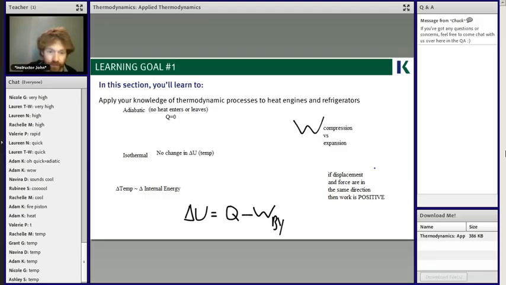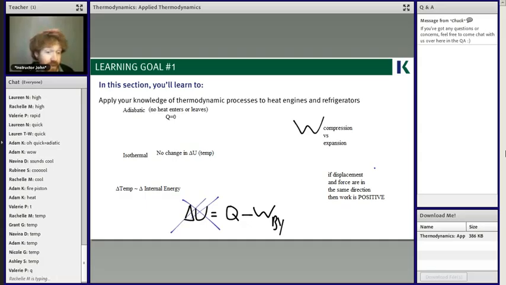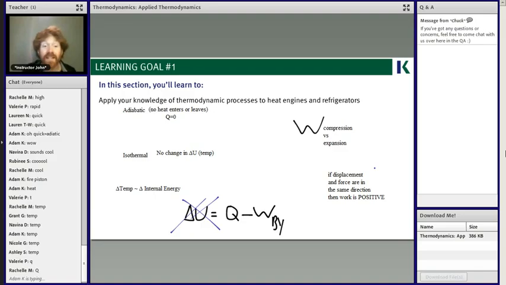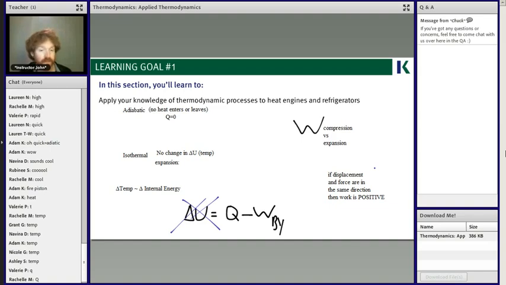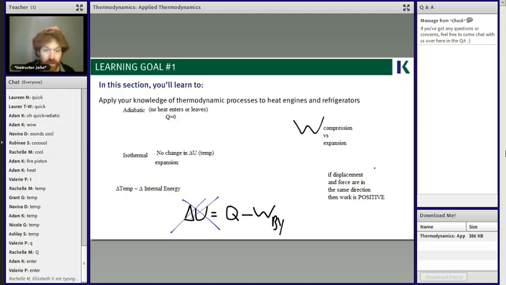So if you're not going to change temperature, what is going to change? If you have compression or expansion, heat's got to change, exactly. So in an isothermal expansion, what's going to happen? Will heat enter or leave the system? You got it. Heat must enter the system, whereas in isothermal compression, heat will leave.